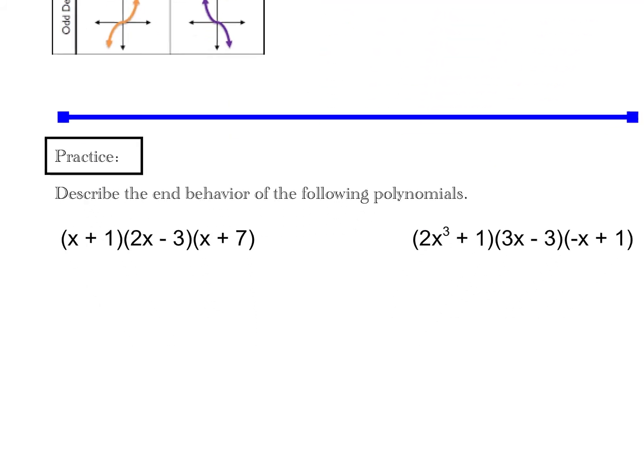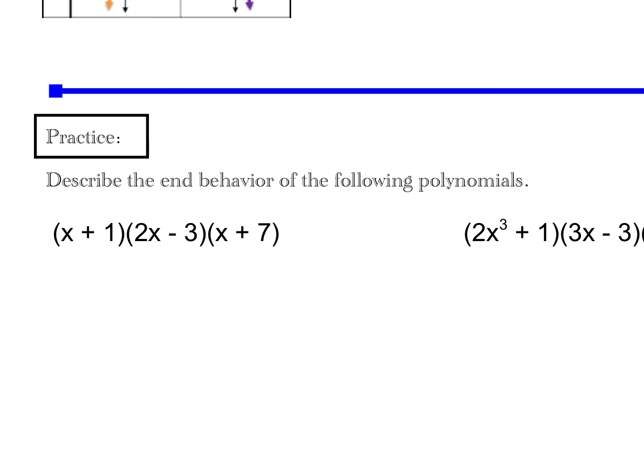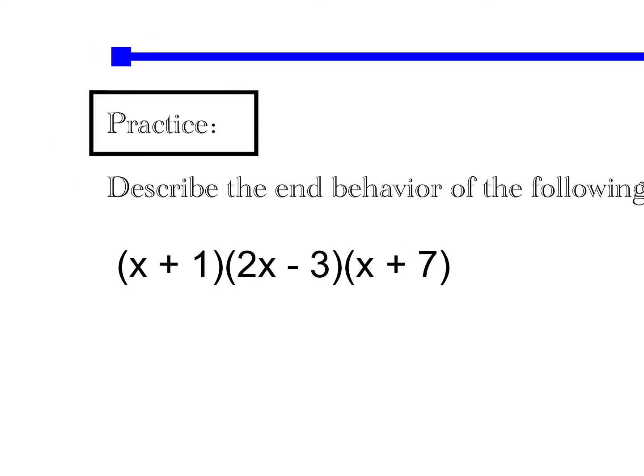So, what if it's got three things? Holy crap, we have to multiply those out? You don't have to multiply it all the way out. There's a shortcut way. Watch me do it. All I have to do is this times that. Well, what's this times this? 2x squared.